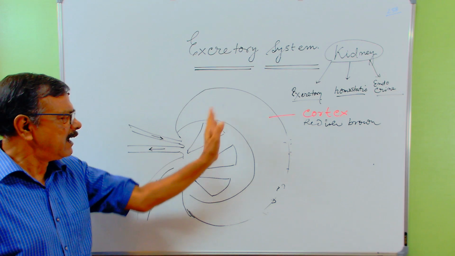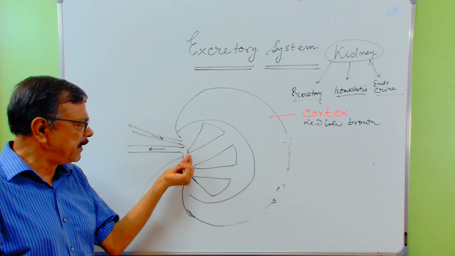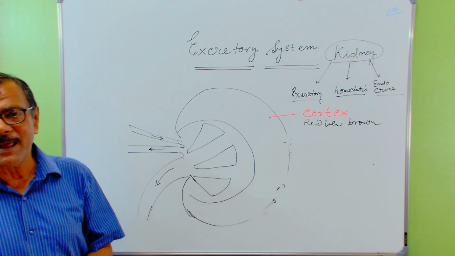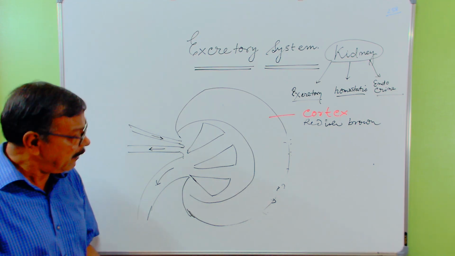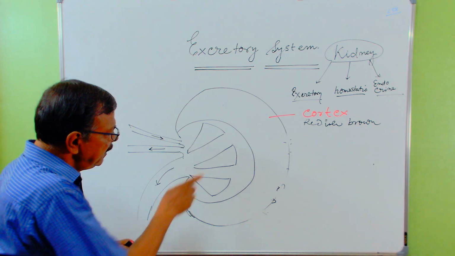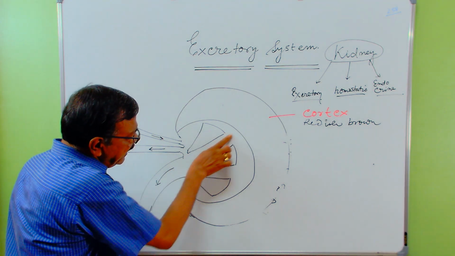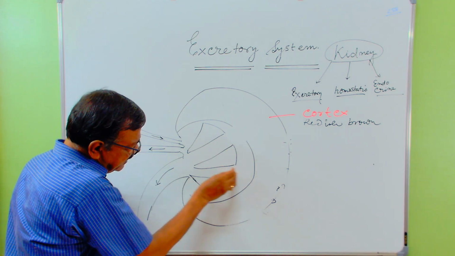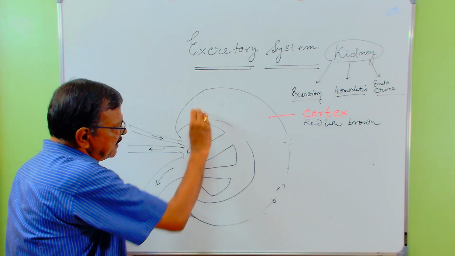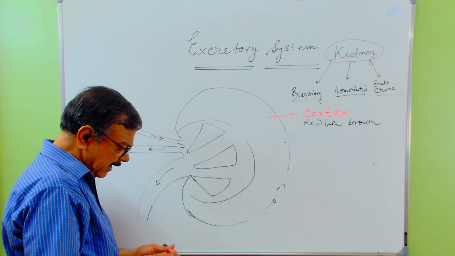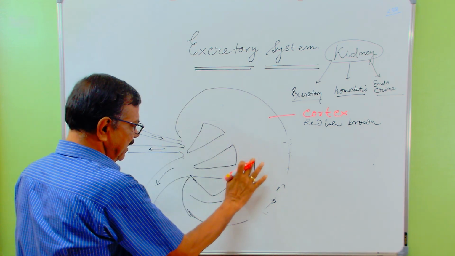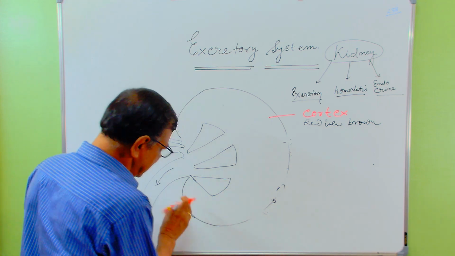Broad base here and short base or the apex here. These pyramids are called renal pyramids. Now, these lateral areas are like the medullary rays we have gone through in our classes.